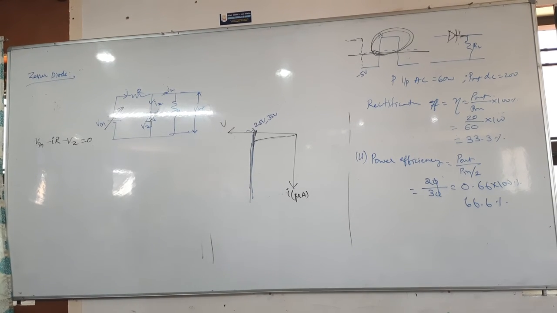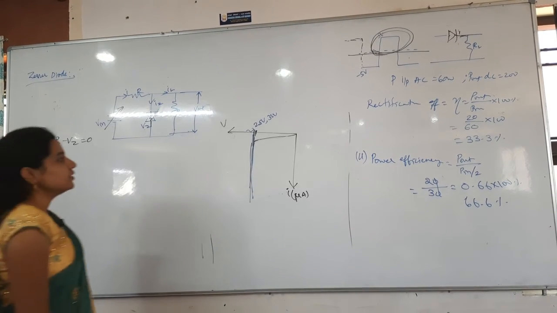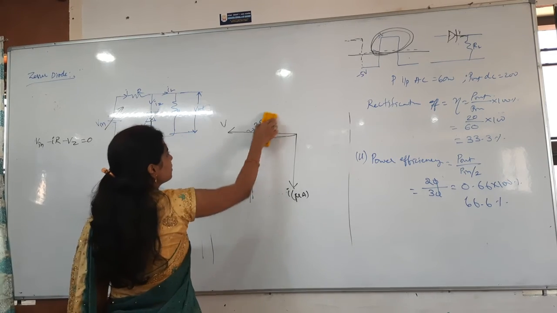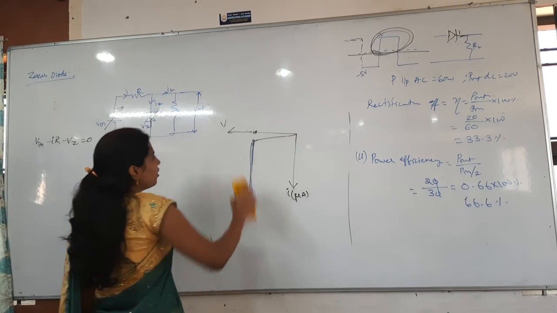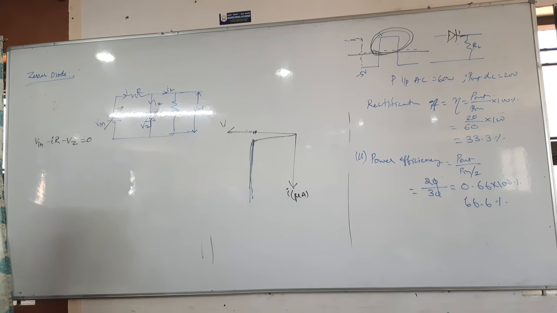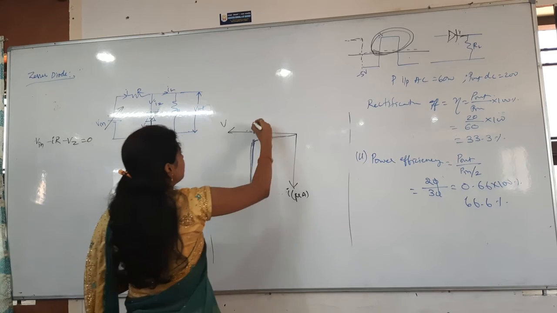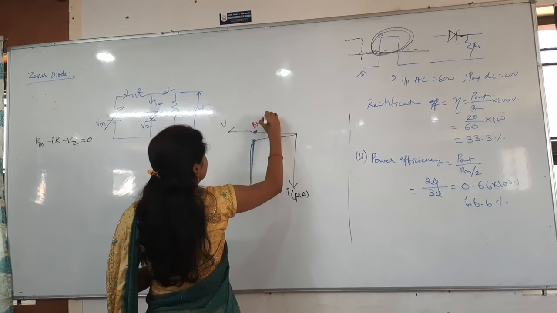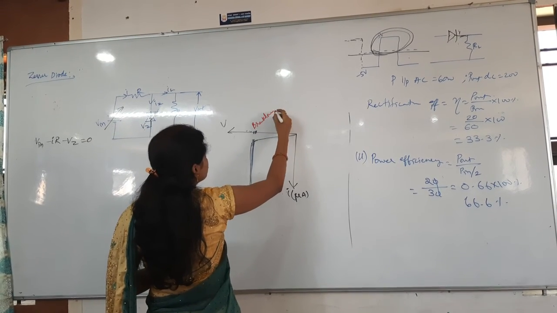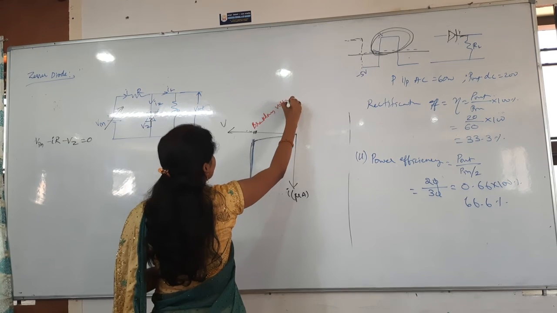Next point, the output of the Zener diode is constant even when there is an increase in current.